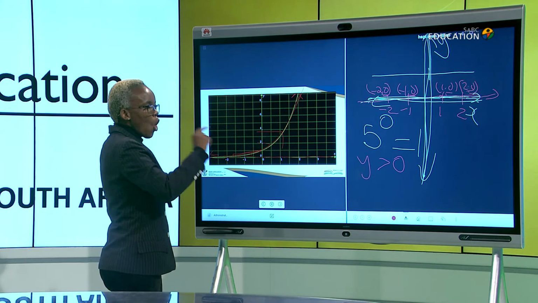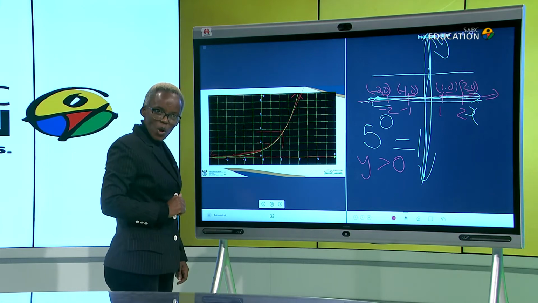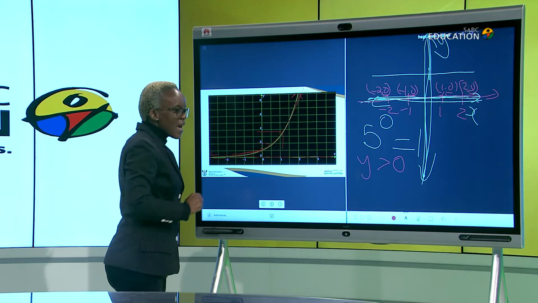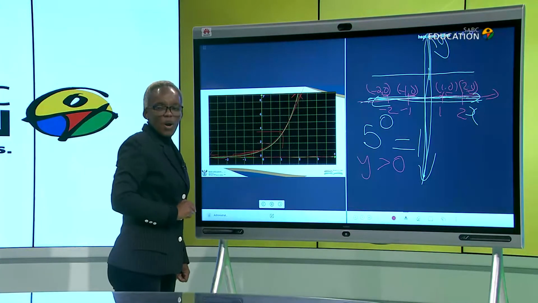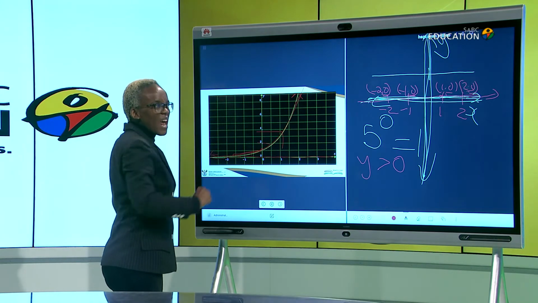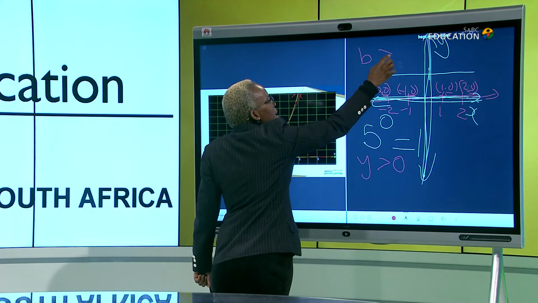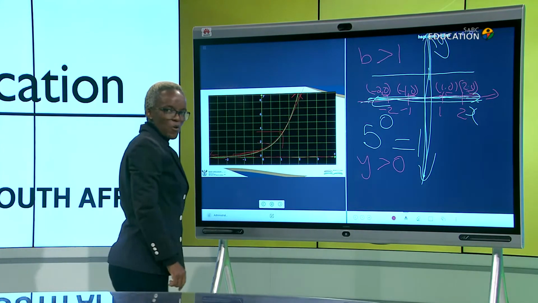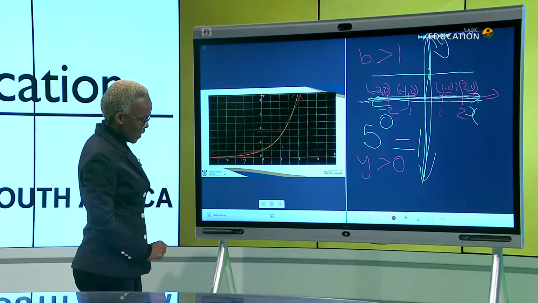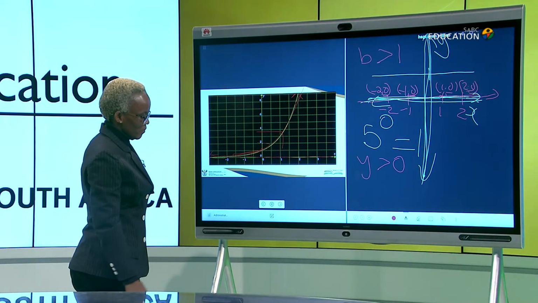So we can see all our characteristics. It doesn't touch the x-axis. That is why there is no x-intercept. It only cuts the y-axis at (0; 1). So it's an increasing function. This graph is for our first case, where b is greater than 1. Together? Yes, we are together. Now, let's look at our second case.